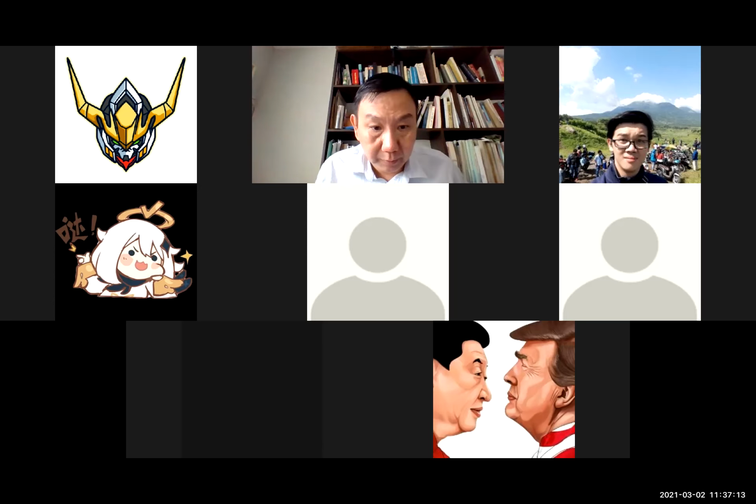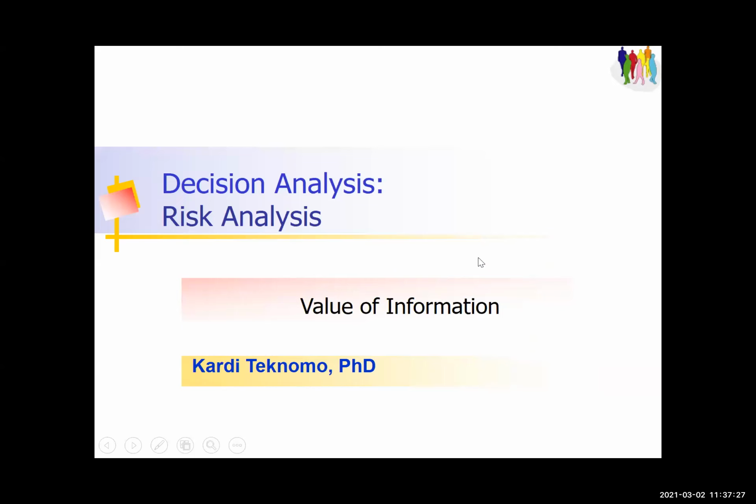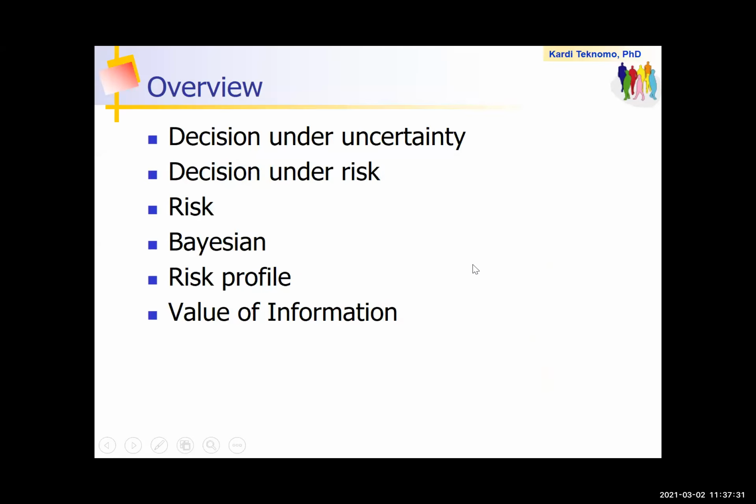Okay, so I'll share my screen, which is value of information. This is the continuation of decision 3 a while ago. You remember we discussed decision under uncertainty and risk.